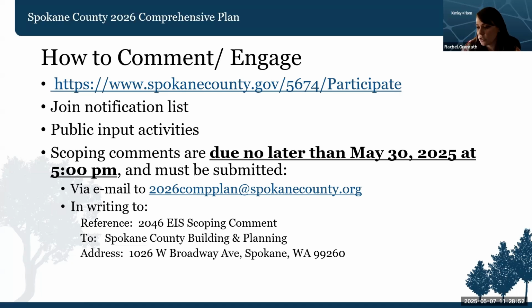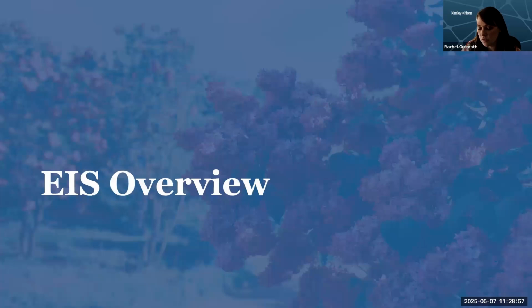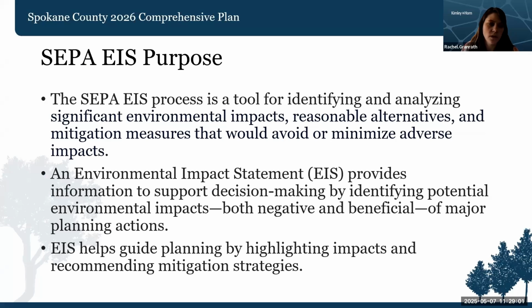We do want to roll into some of the content here as we talk about the EIS overview and what the purpose is. We're going to set the stage, talking about what the SEPA EIS is: a process and tool to analyze environmental impacts. We're coming up with alternatives and mitigation measures as we look to accommodate growth.